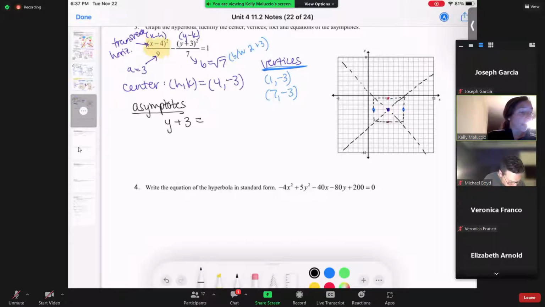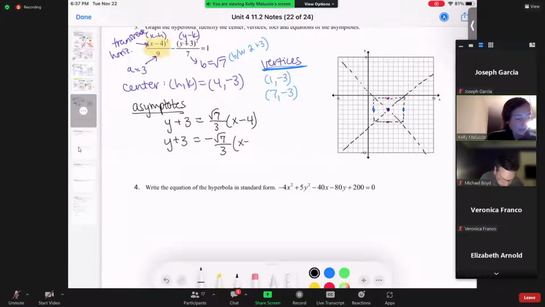So square root of 7 over 3, and then times x minus h, and h was 4, right? And then the other one is the exact same equation, but negative square root of 7 over 3, and then x minus 4. Right?